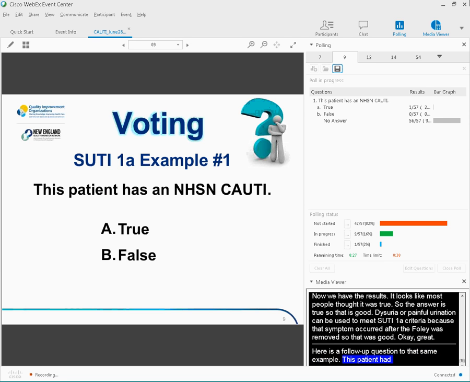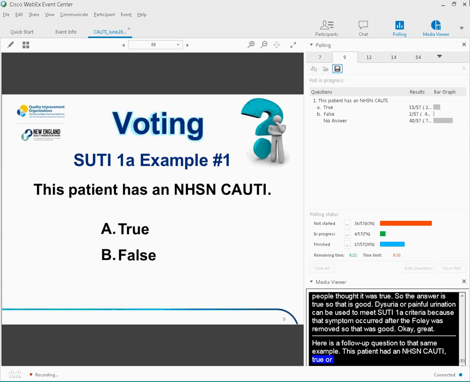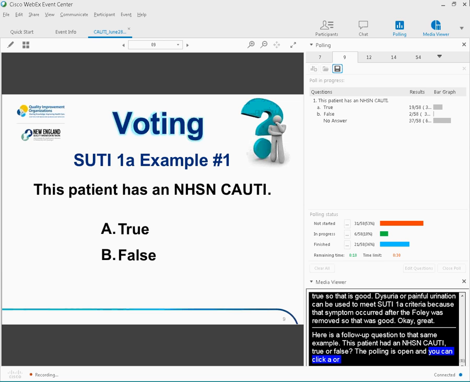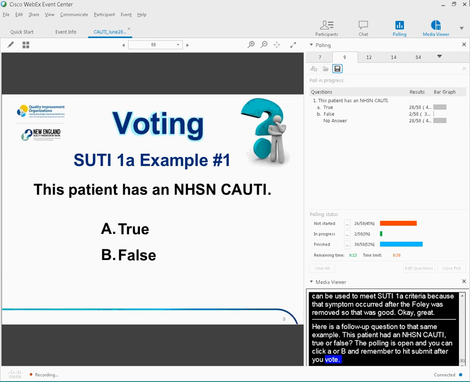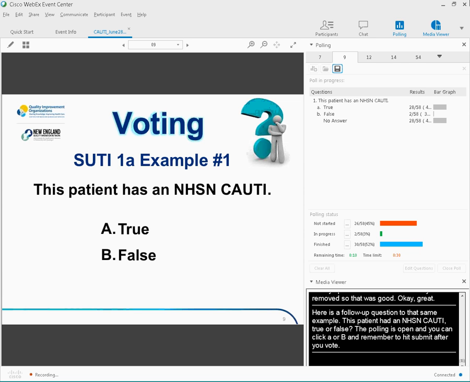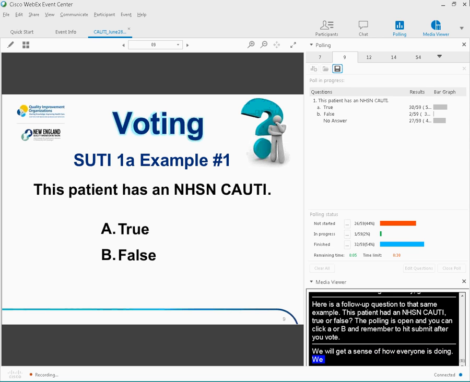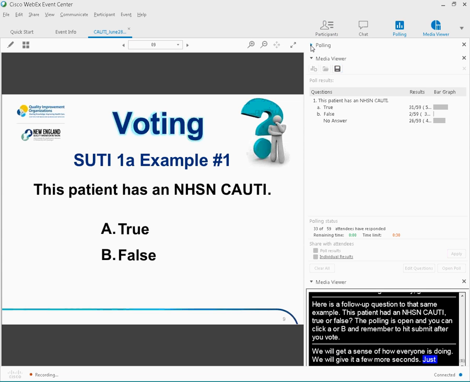All right, so the polling is open. You can click A or B, and just remember to hit submit after you vote. And we'll get a sense of how everyone is doing. We'll give it a few more seconds. And just remember to hit submit. Okay.